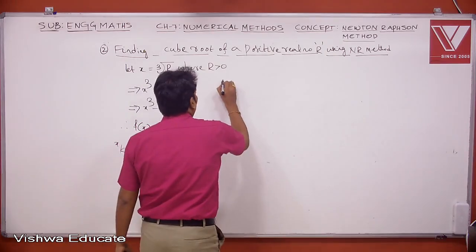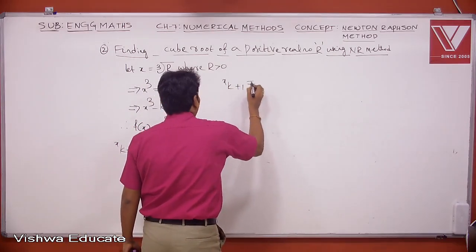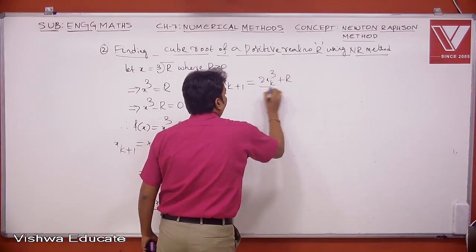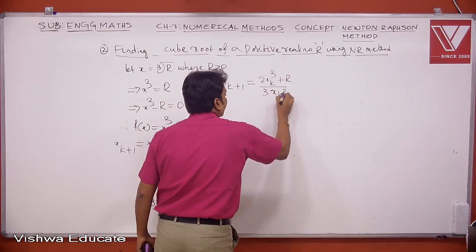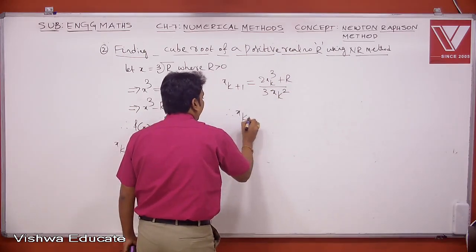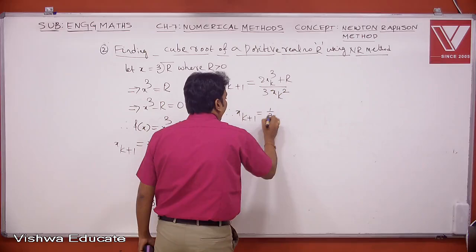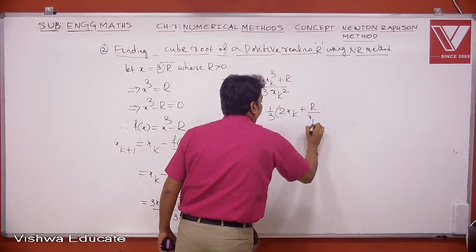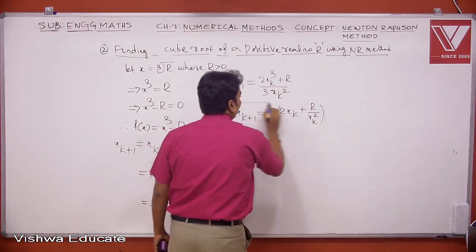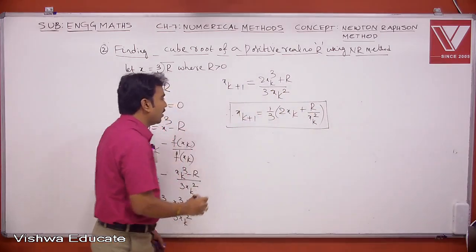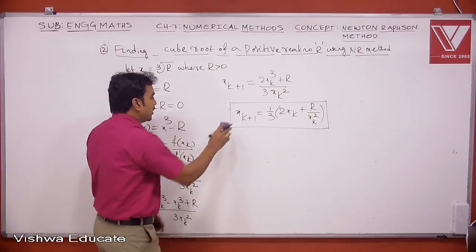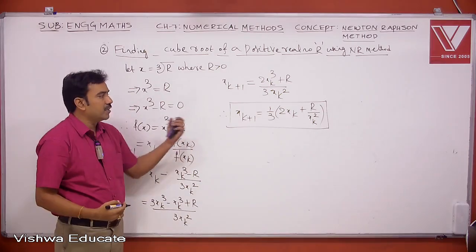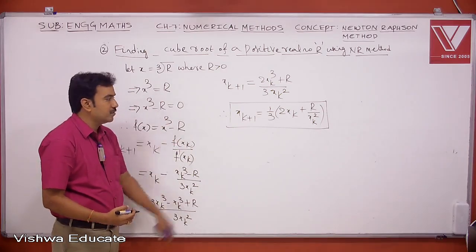Therefore, xk plus 1 equal to 2xk cube plus r divided by 3 into xk square. Therefore, the value of xk plus 1 is 1 by 3 into 2xk plus r divided by xk square. So this is the formula of xk plus 1 in terms of xk using NR method. So note this, this is also one of the important, very frequent questions.